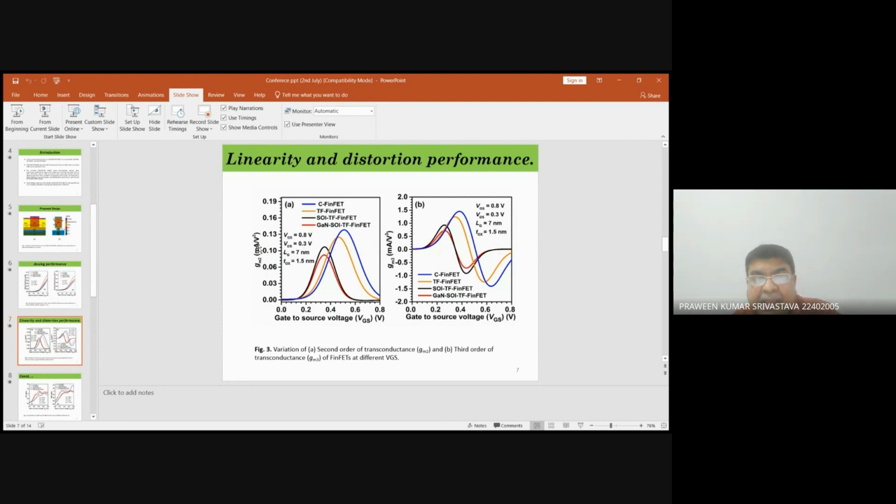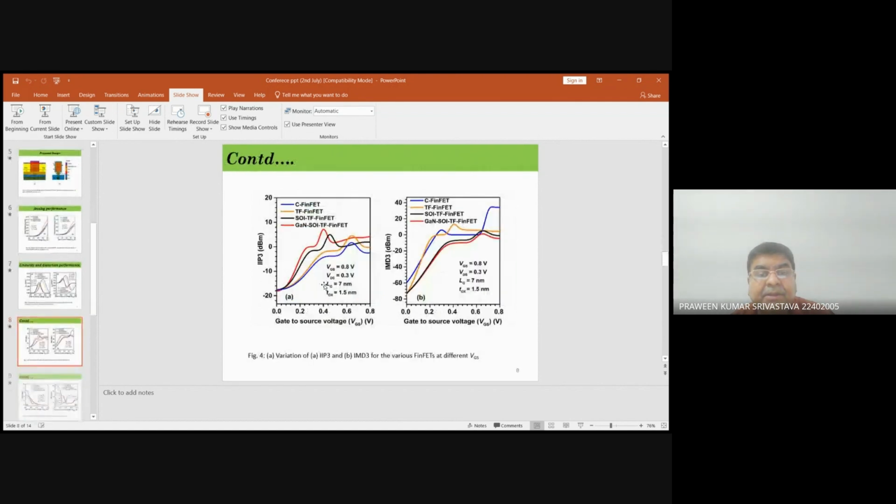As per the TCAD result, the second-order transconductance value, the second-order distortion value, is minimum for the gallium nitride, and the third-order transconductance value for the proposed device gives the minimum value as compared to the other devices. So in terms of second and third harmonics, we can say that this proposed device, gallium nitride SOI-TF-FinFET, gives a better result as compared to all other devices.